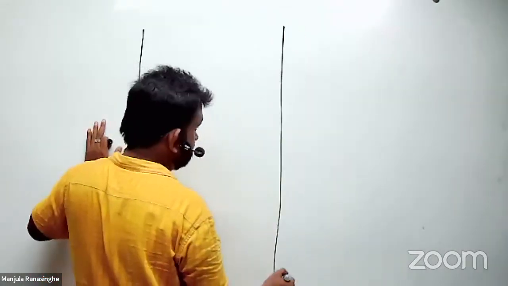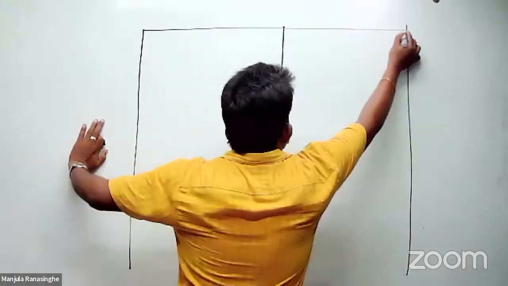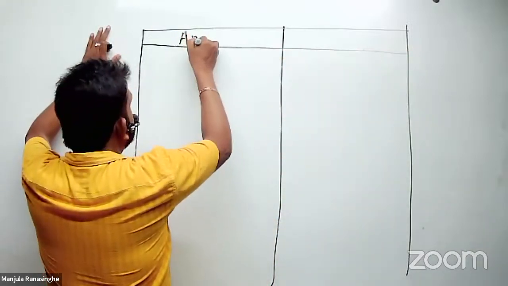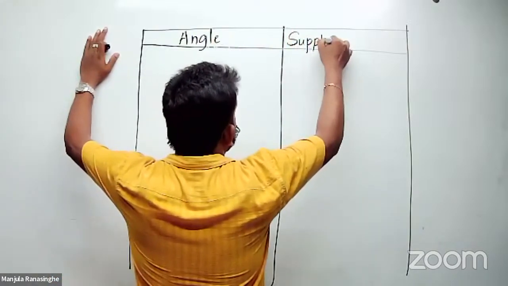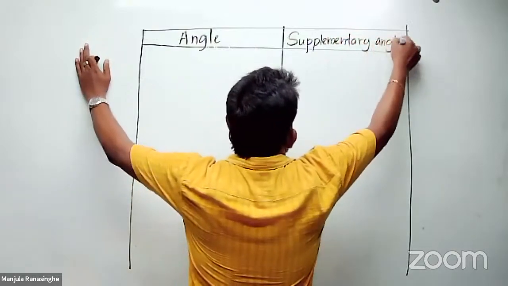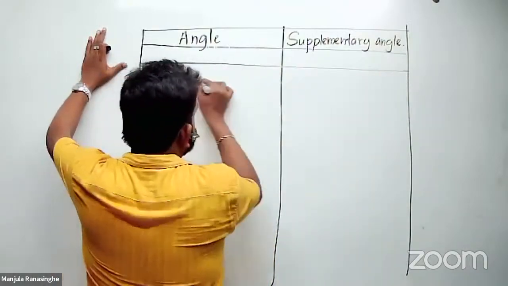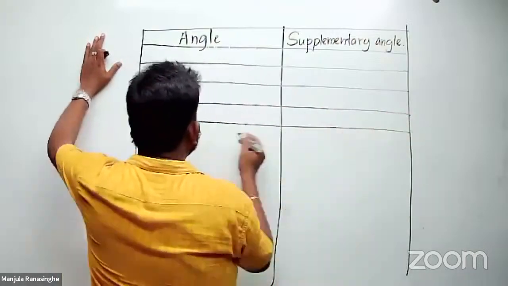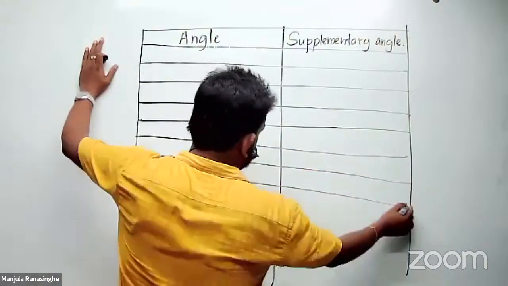So this is angle, and here the supplementary angle. So what is the logic here? They add up to 180 degree. ඒ දෙන්නගේ එකතුව පුතේ 180 වෙනවා. එකයි ඔලුවට දාගන්න ඕනේ.